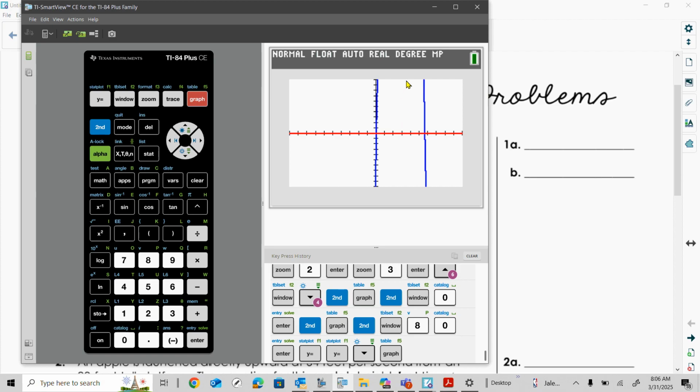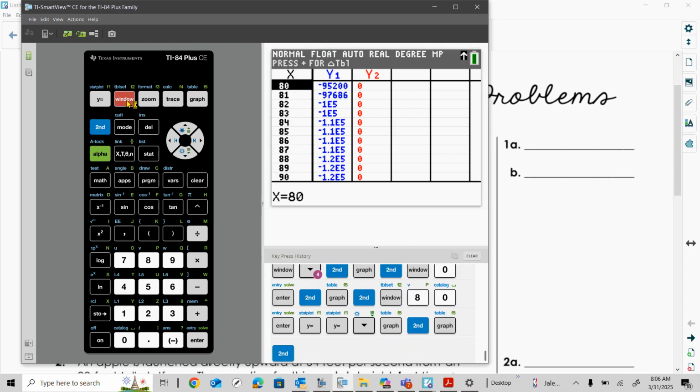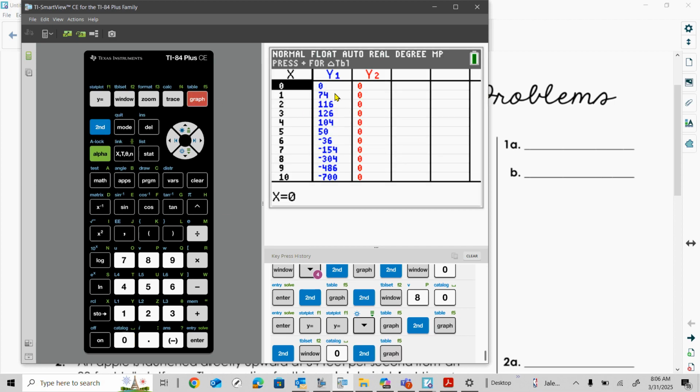And to help you see that, or get the window to show that, you need to look at your table. So if I go to second graph, our table is starting at 80 because that was our last thing. So we need to change it to start at 0. So hit second window, set the table at 0, and now go second graph for the table. And what you want to do is look at these y values and look how big they get.